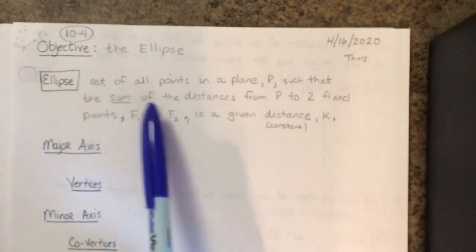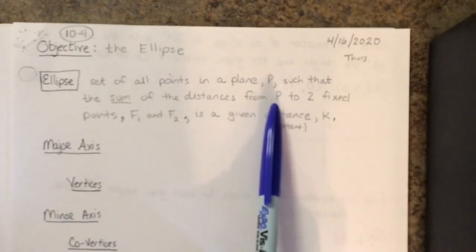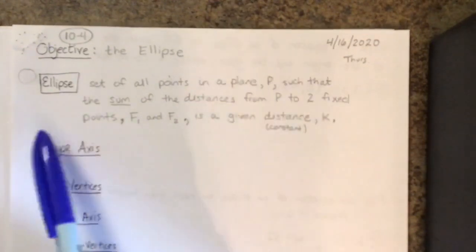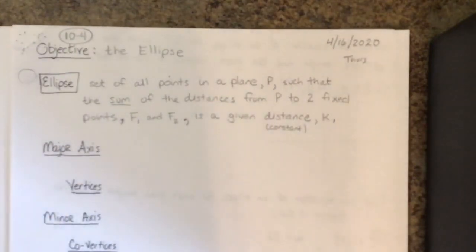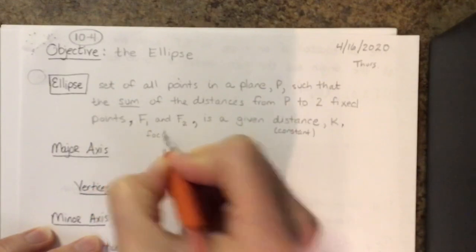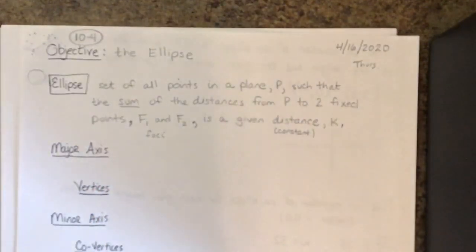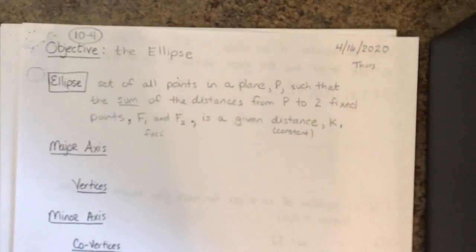The sum of the distances from any point P on the ellipse to 2 fixed points, F1 and F2, which we now know are called the foci, that sum of the distances is a given constant, K, a given number, a given distance, all right?